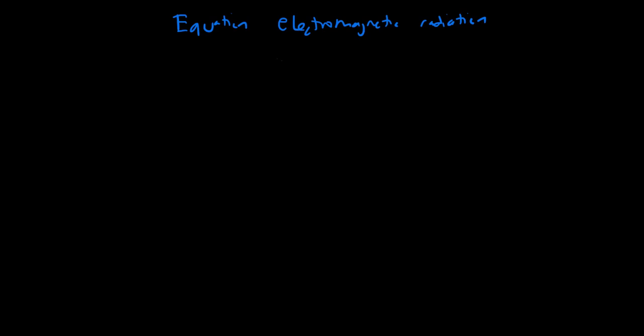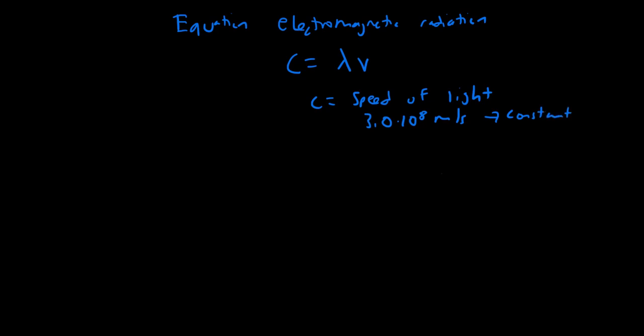So the equation is c equals the wavelength times frequency. C is the speed of light, which is always going to be 3.0 times 10 to the 8th meters per second. And this is constant. So this is the same for all waves.